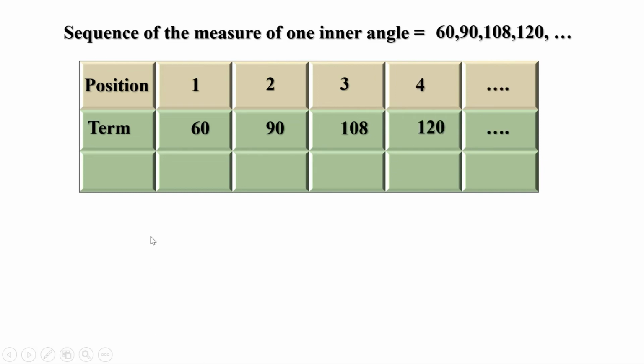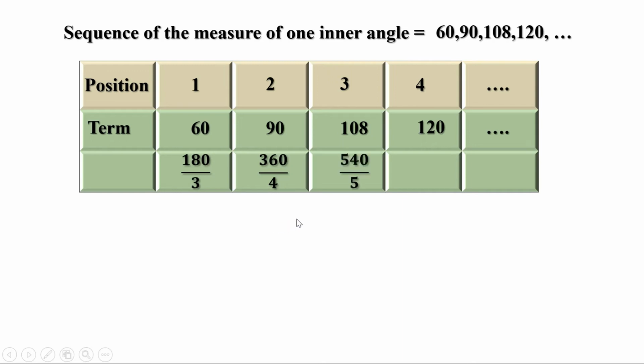Sum of the inner angles of an equilateral triangle is 180, and since there are three angles, it is divided by 3, and we have got one inner angle as 60. So 60 can be written as 180 by 3, where 180 is the sum of the inner angles and 3 is the number of angles. In the same way, 90 can be written as 360 by 4, where 360 is the sum of the inner angles and 4 is the number of angles.